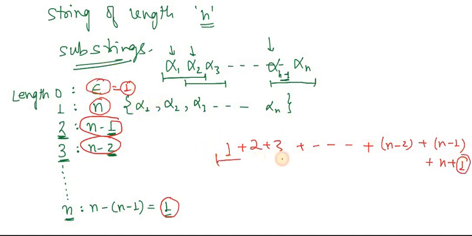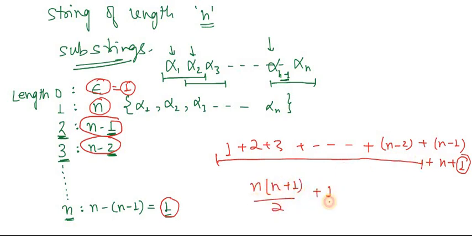So we all know that 1 plus up till n is n into n plus 1 upon 2, and then plus 1. This one is for the substring of length 0. So if we are given a string of length n, then we can make n into n plus 1 upon 2 plus 1 number of substrings. Now let us solve another question.